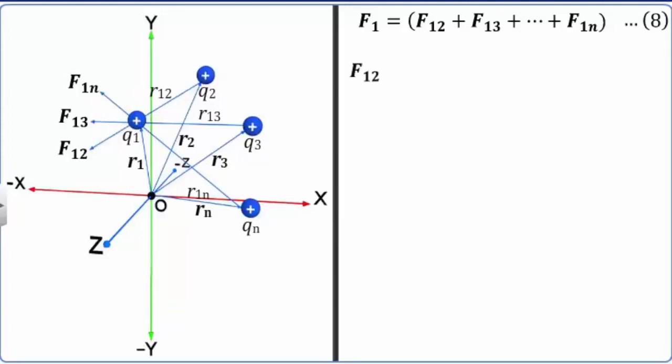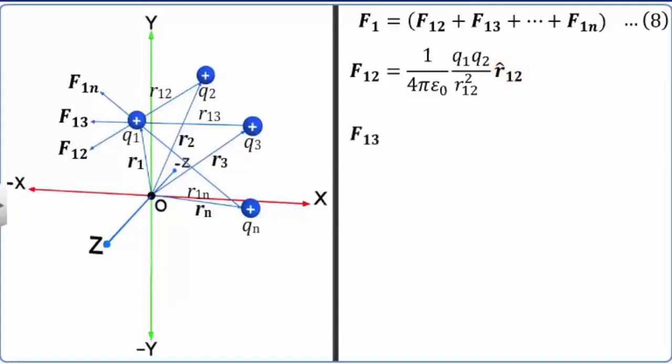F12 is the force on the charge Q1 due to Q2 and is equal to 1 by 4 pi epsilon naught into Q1 Q2 by R12 square into R12 cap. R12 is the distance between Q1 and Q2, and R12 cap is the unit vector in the direction of the force F12.